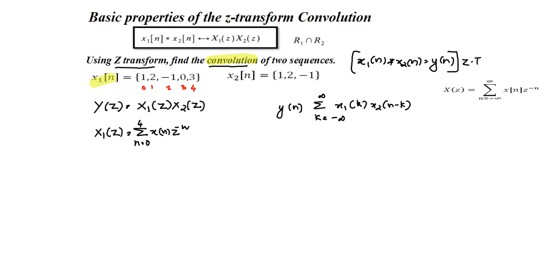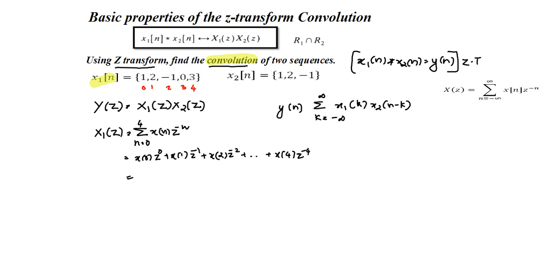If you expand, you will get x of 0 into z raised to 0 plus x of 1 into z raised to minus 1 plus x of 2 into z raised to minus 2 plus etc., up to x of 4 into z raised to minus 4.